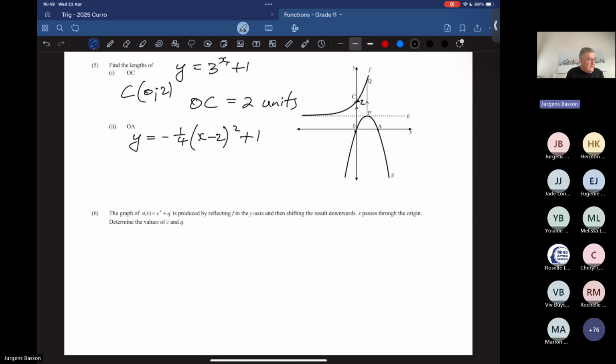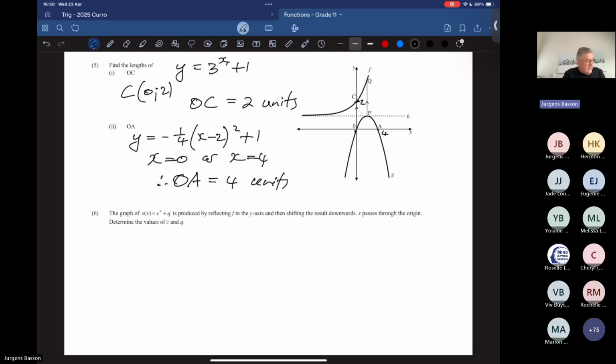If we want the x-intercepts, you let y equal to 0, and you will get 0 and 4. So x is equal to 0 or x is equal to 4. That means OA is equal to 4 units. That's a pretty easy one. It's just the x-intercepts of the parabola.